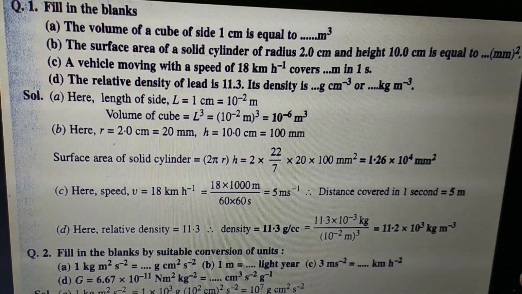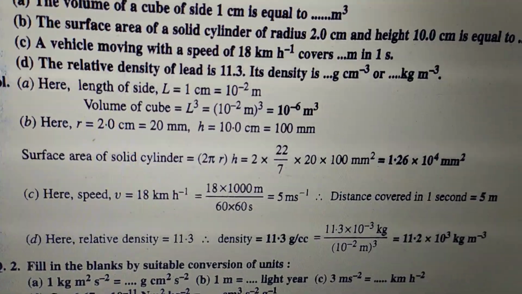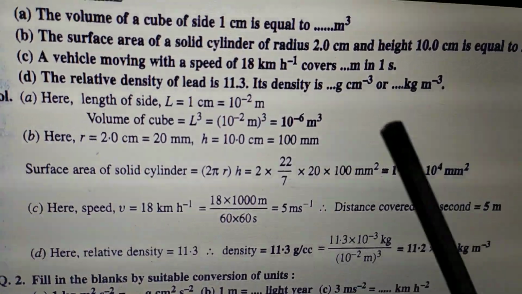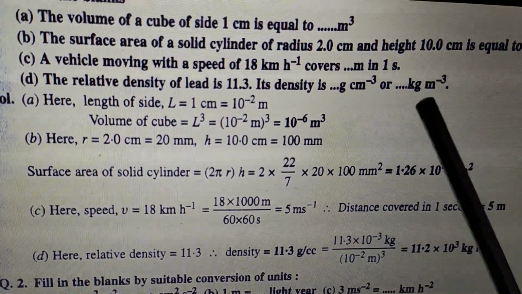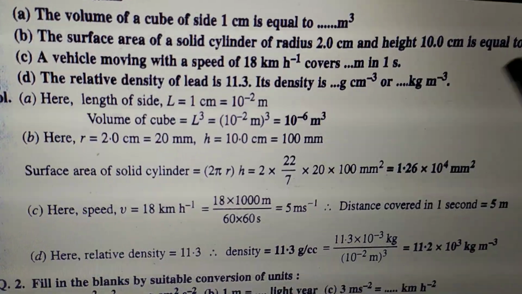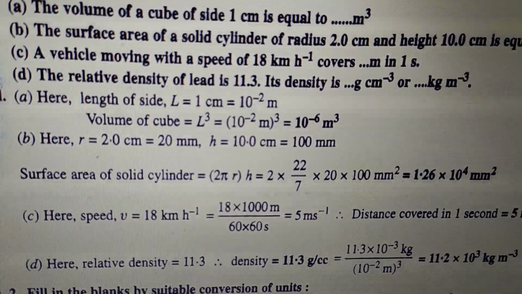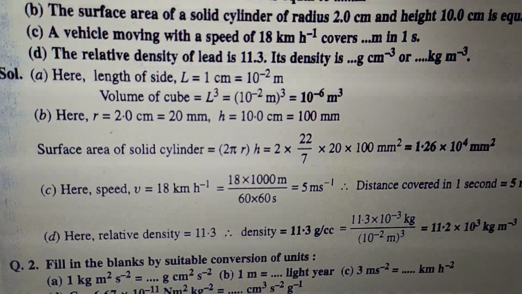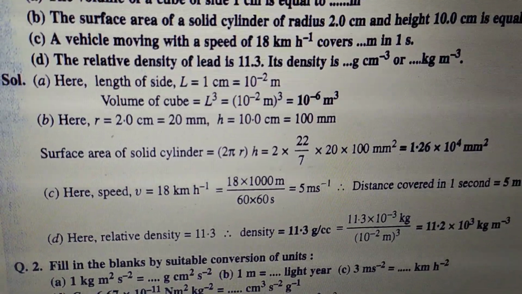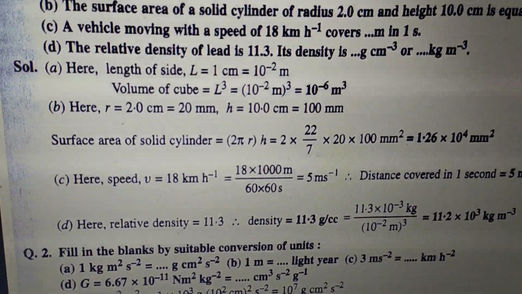Now let us move towards the third question. There is a vehicle moving with a speed of 18 kilometer per hour, and it covers how many meters in 1 second? We are given the speed of the vehicle, 18 kilometer per hour, and we have to find how much distance it covers in meters in 1 second.